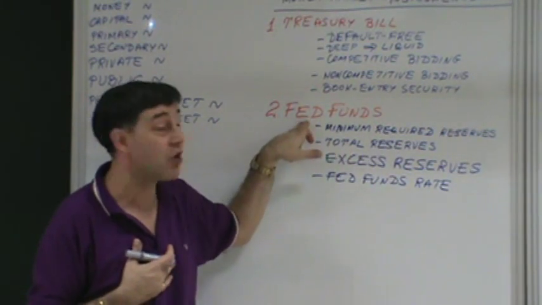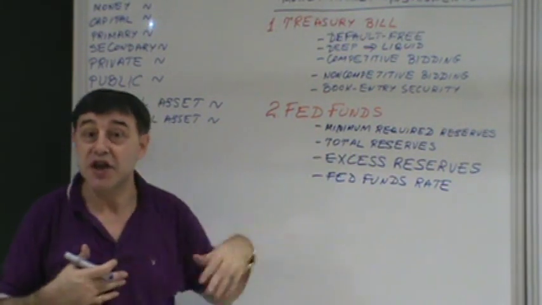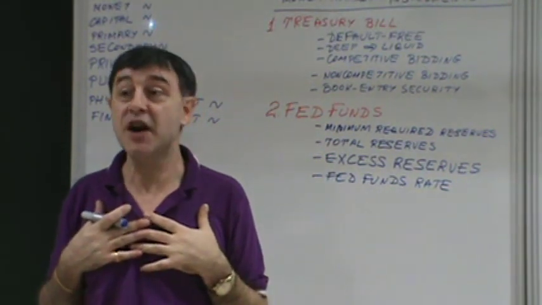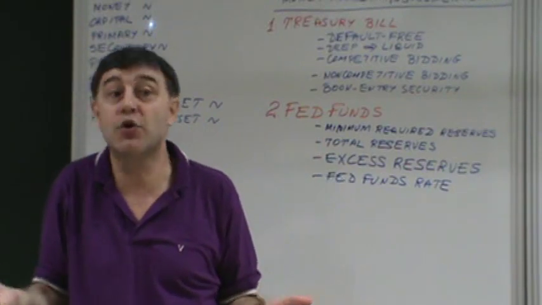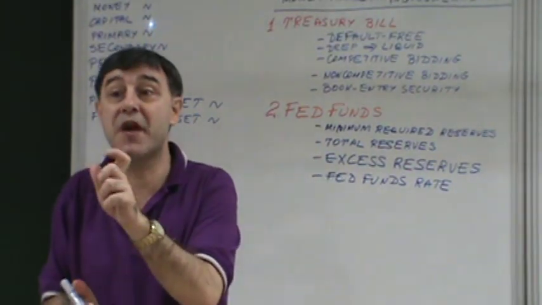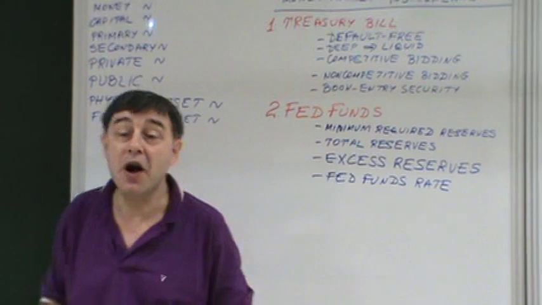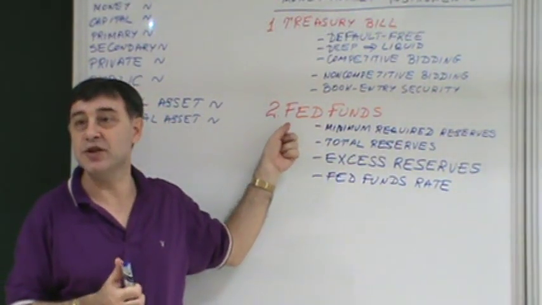In other words, to borrow Fed funds. So, if you have funds at the Fed, you want to lend them so you can make some money. And you usually lend them for a day, or usually for a week, for a very, very short period of time. Very common is actually an overnight loan.